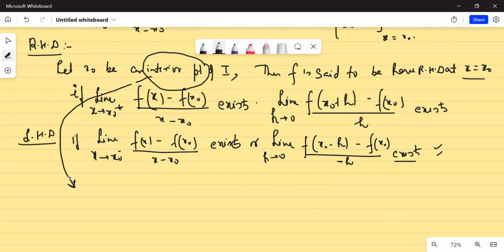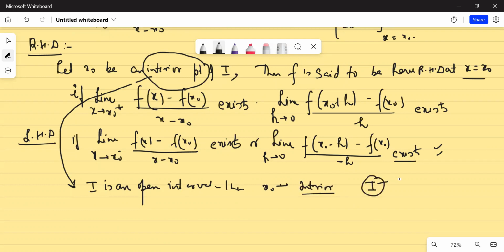If I is an open interval, or any sort of interval, let's say closed also, then x naught being interior means it can be any point of I except the endpoints.